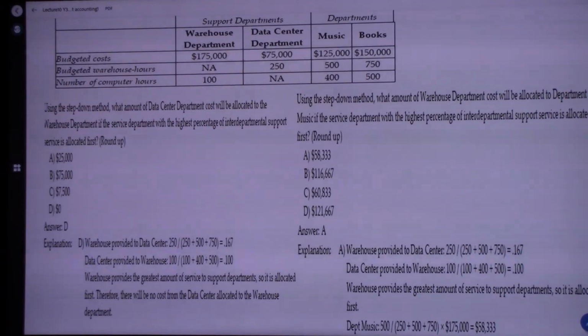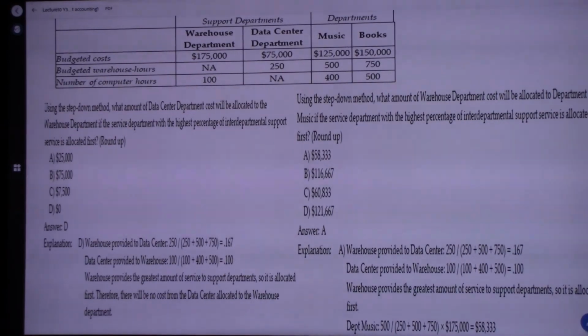I'm going to divide the 500 warehouse hours provided from the supporting department warehouse to the music department by the total hours allocated, so divided by 250 plus 500 plus 750.